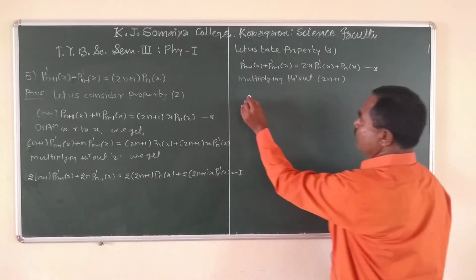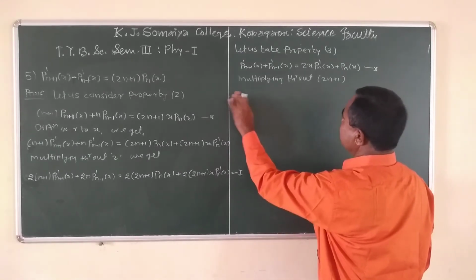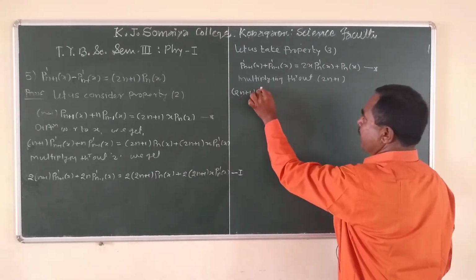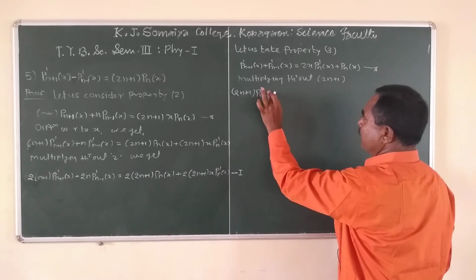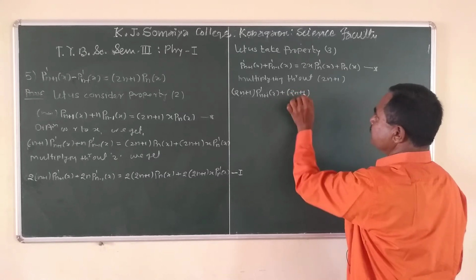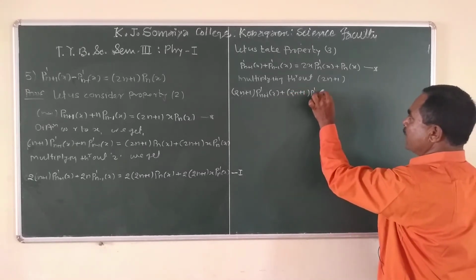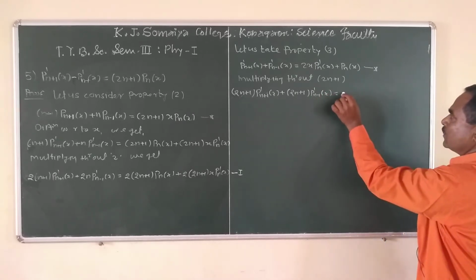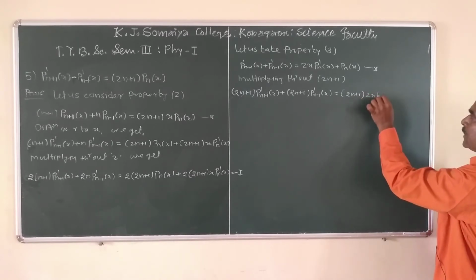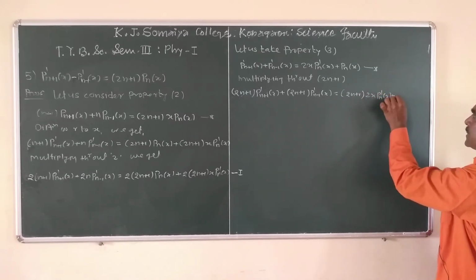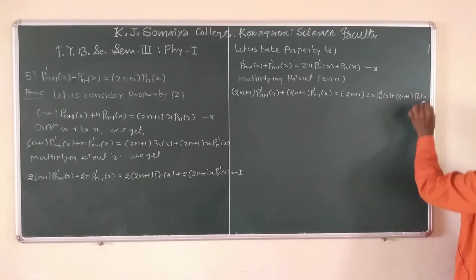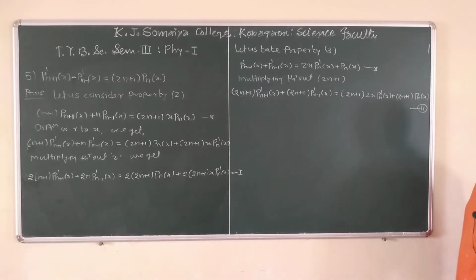So we can write (2n+1) P'_{n+1}(x) + (2n+1) P'_{n−1}(x) = (2n+1) 2x P'_n(x) + (2n+1) P_n(x). We name this equation second.